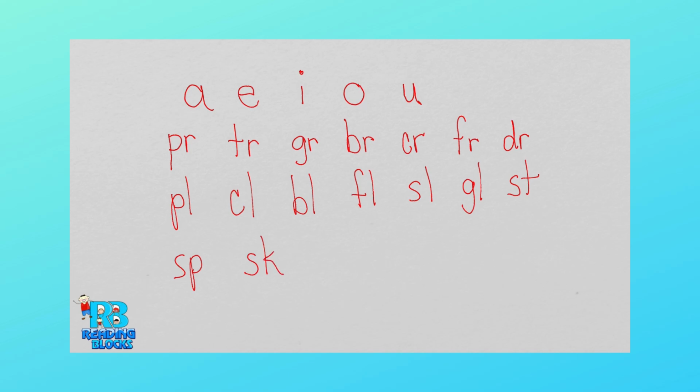And another way to write "sk". So if you wrote either of these for "sk," you were right. They both make the "sk" sound. So how about "sw"? And "sm."